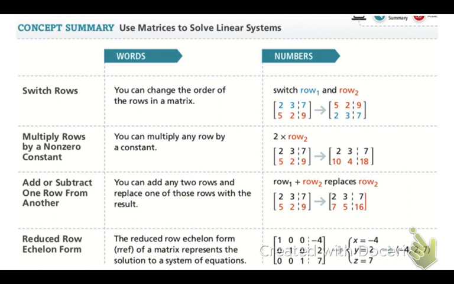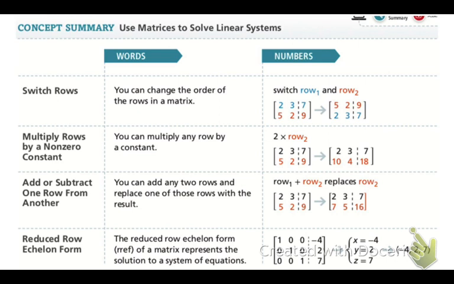Okay, so right here are some rules that we can do. These are important to know, so they're important to write down. Of the matrix, you can switch the rows. I said rows, not like terms.